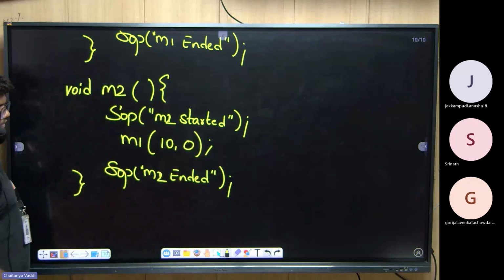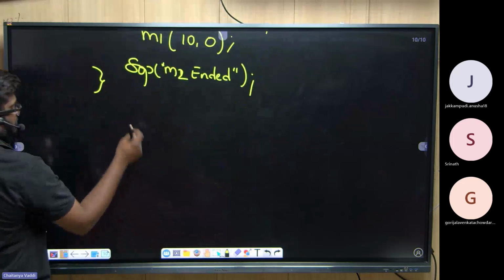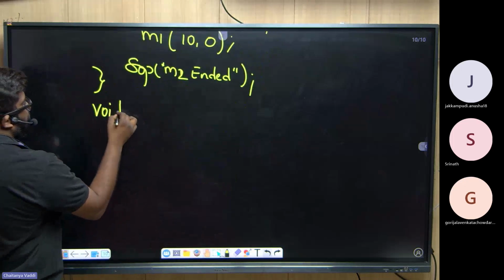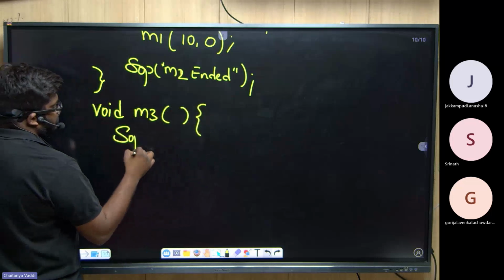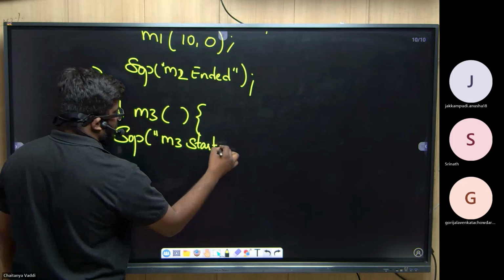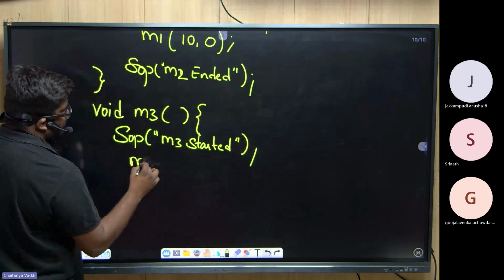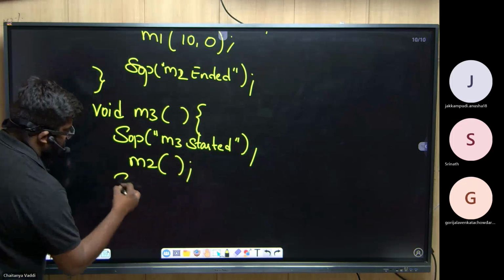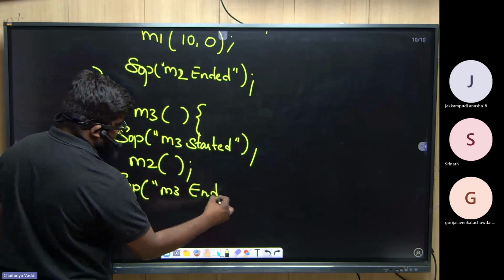This is the only case where the exception might occur, right? So that is why I'm calling it in that way. And now let's call void m3, where I say SOP m3 started, SOP, sorry, m2 of SOP m3 ended.